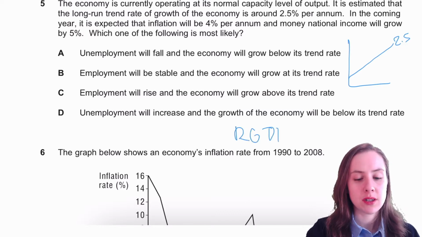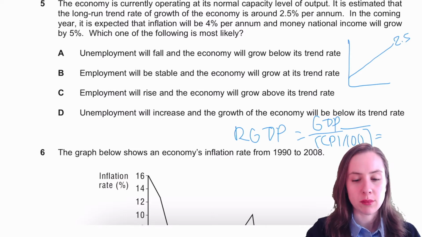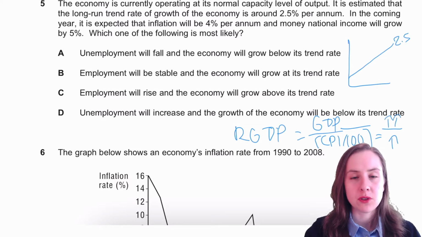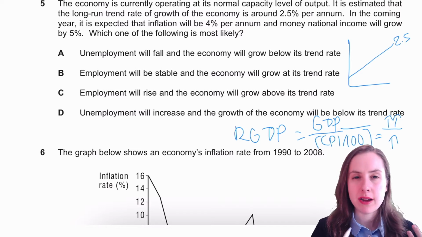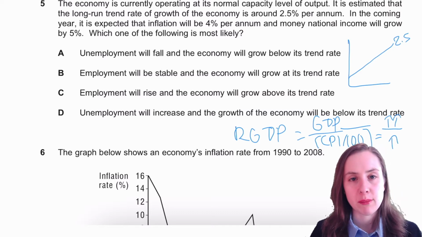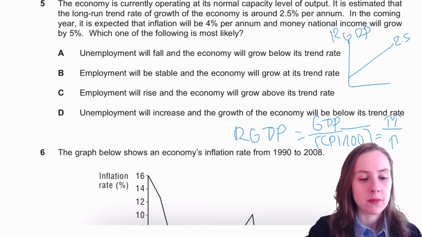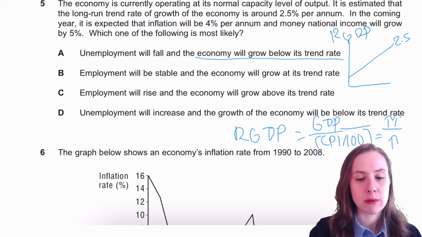So that means real GDP, which is your GDP over your inflation, is doing... Your inflation is increasing by 4 and GDP increasing by a little bit more, 5. So overall real GDP should increase, but not by very much because inflation's been very high. So I reckon the real GDP rate will be lower than its long-term trend. Long-term trend, as you know, is always defined as real GDP. So I reckon the economy will be growing below its trend rate.